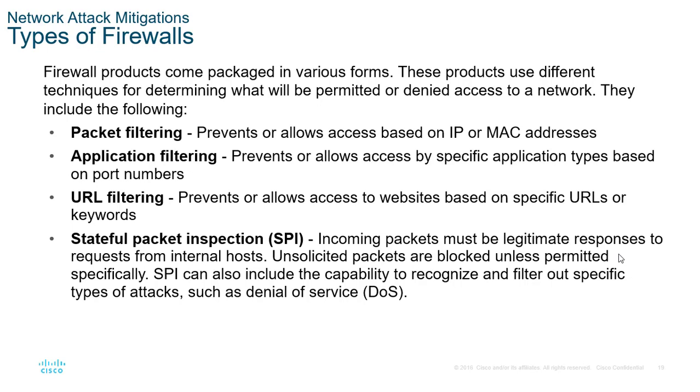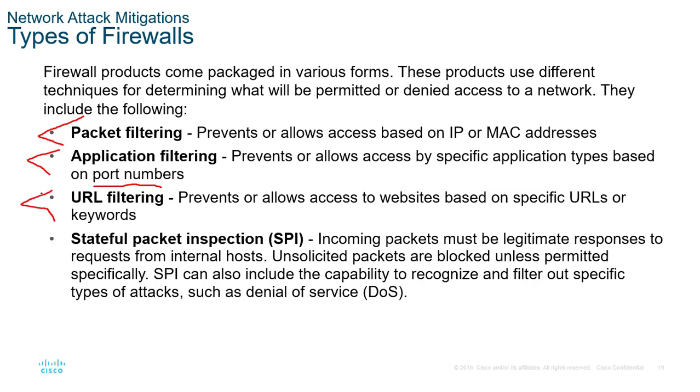They include the following: packet filtering, so inspecting the TCP/IP traffic and allowing or denying access based on IP or MAC addresses. Application filtering allows the firewall to prevent or allow access by specific application types based on TCP or UDP port numbers in the TCP/IP traffic flow.